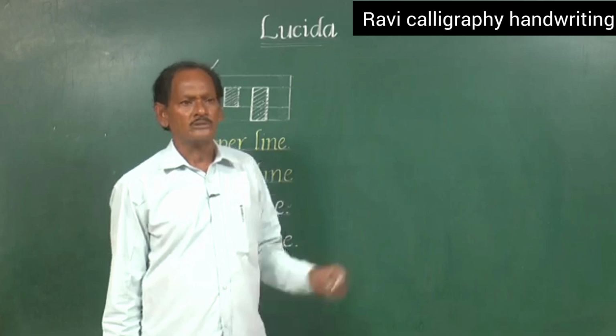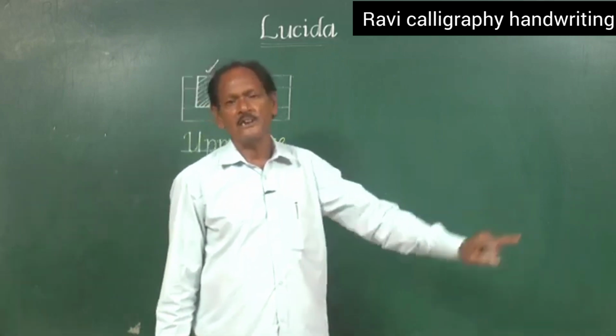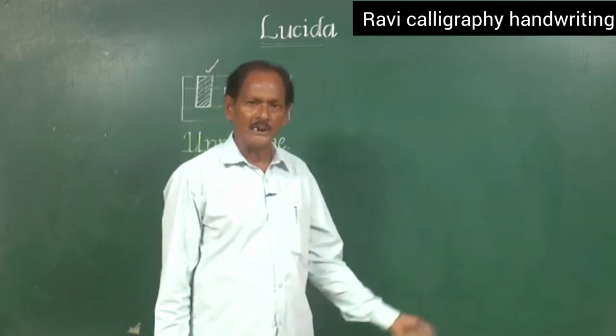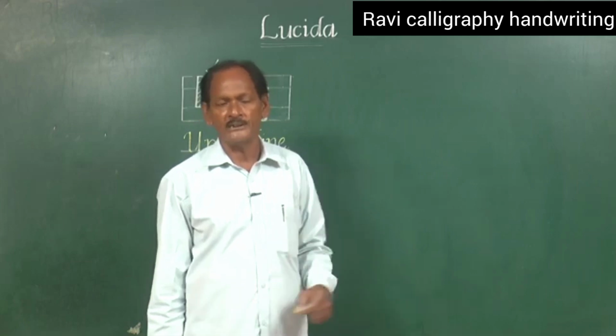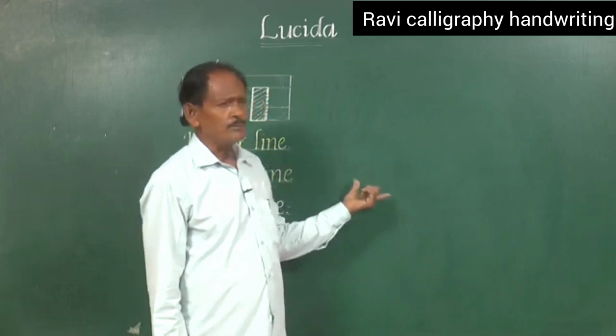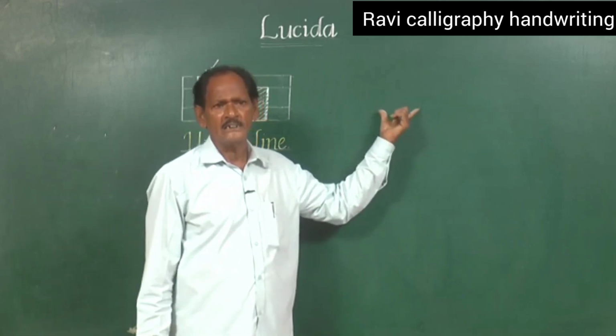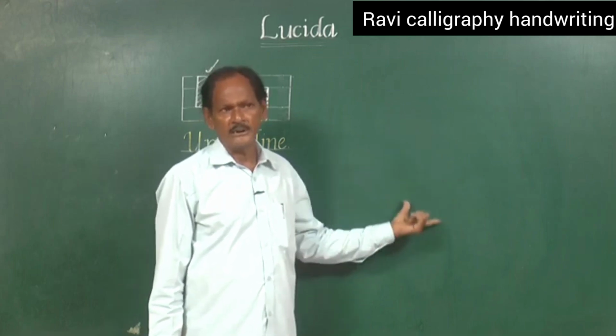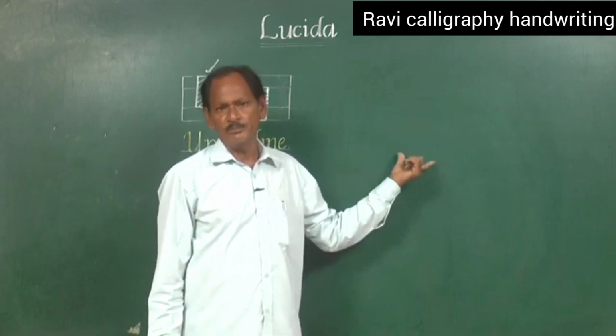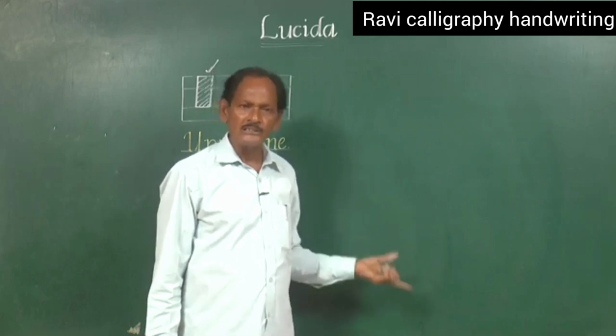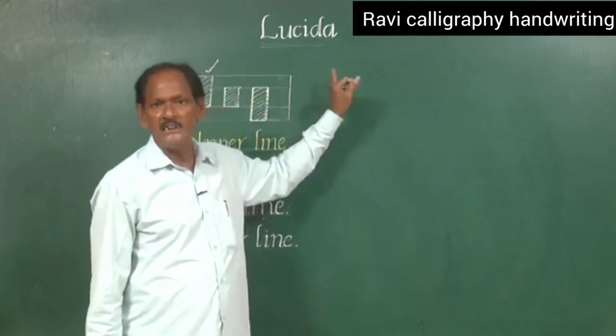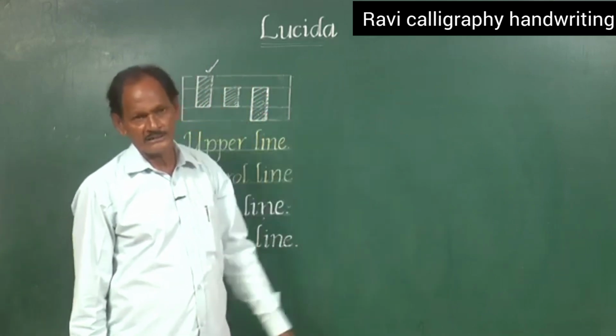That too, the upper zone letters are very important, because up to what extent the letters will be written and up to what extent the base will be permitted, all these things are shown in these upper zone letters. Okay.